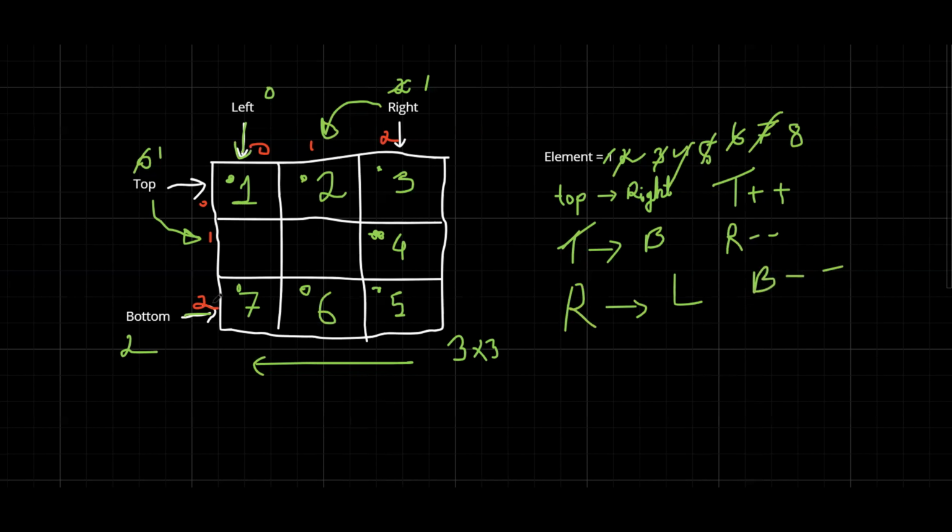Then here, the value of the bottom will be 1 instead of 2. So now, we have to run a loop again from bottom to top. So bottom to top. Now, the position is this.